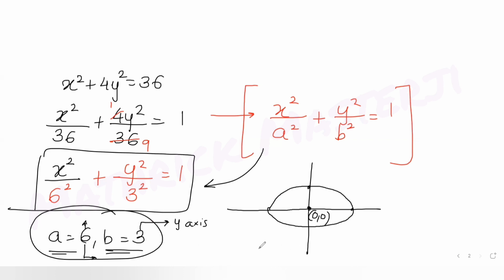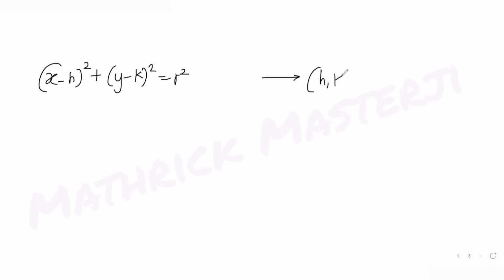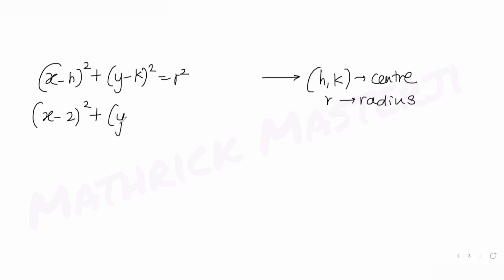Further, I know the equation of a circle is x minus h the whole square plus y minus k the whole square equals r square. Comparing with the center given in this question, (2, 0), h comma k is the center coordinates and r is the radius of the circle. Putting h and k as 2 and 0, I get x minus 2 the whole square plus y minus 0 the whole square equals r square.